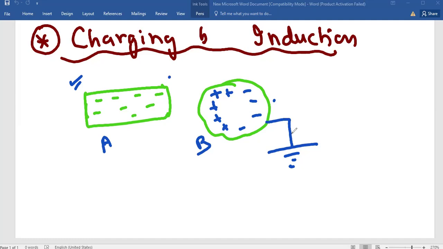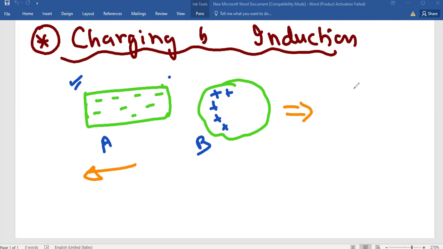So when you do the grounding, this negative cloud will vanish. After neutralizing the negative part, then you remove A towards this side. So what will happen?